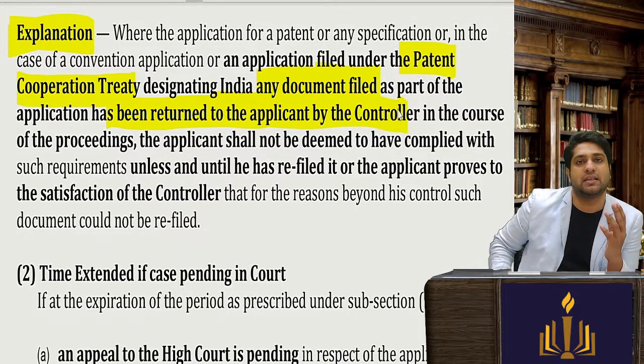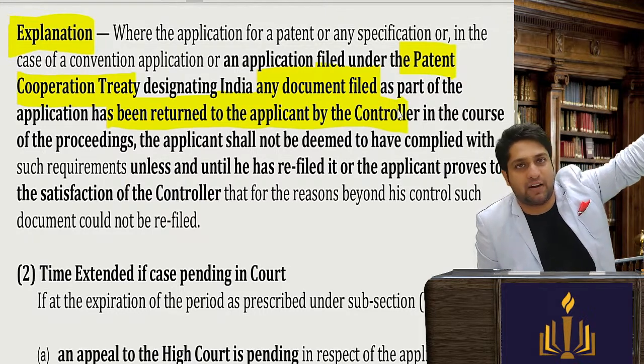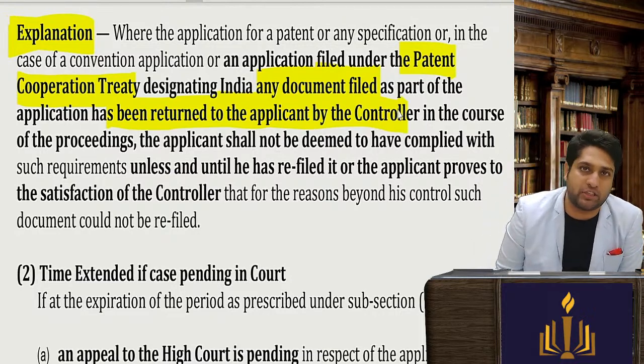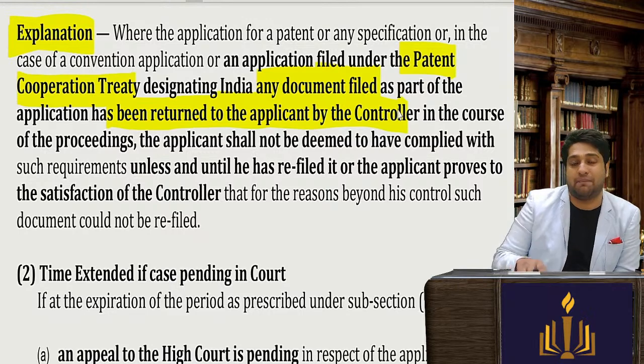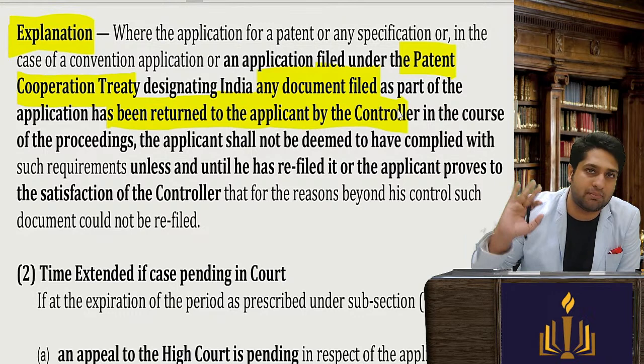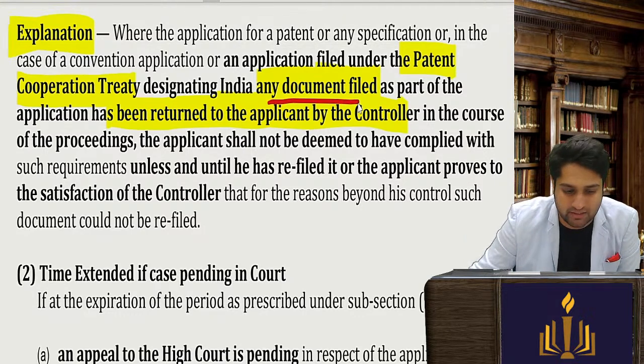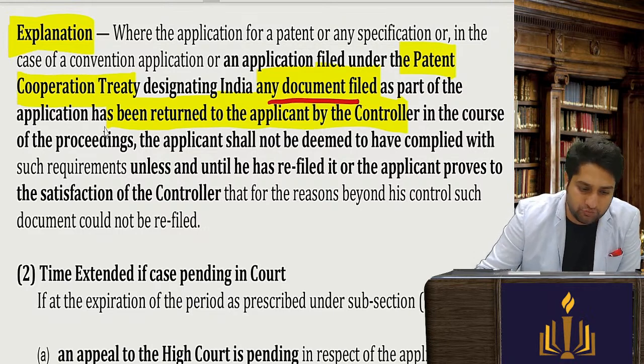So what is happening is, an international patent is being filed by someone and they are asking for some kind of protection, and it's an application stage. The controller can ask for certain additional demands. Any document filed as a part of the application has been returned by the controller.